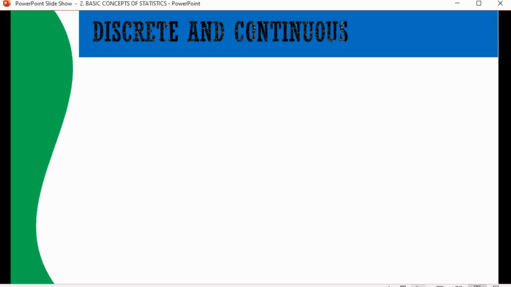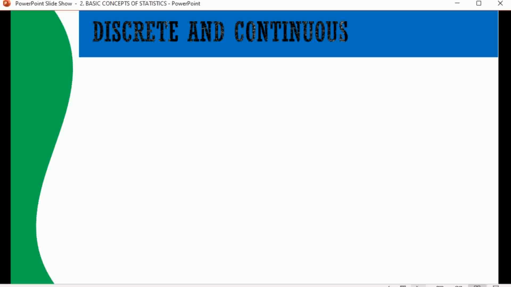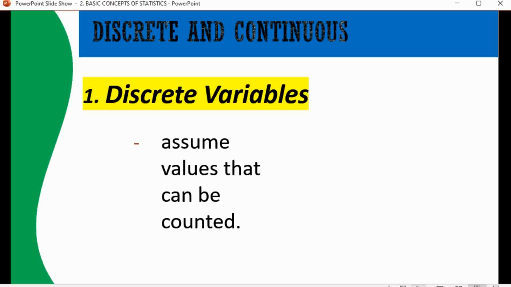The next focus is in discrete and continuous data. This is when we try to distinguish what type of quantitative variables or what type of data we should obtain under quantitative variables. So first off, we have discrete variables. When we talk about discrete variables, they assume values that can be counted.